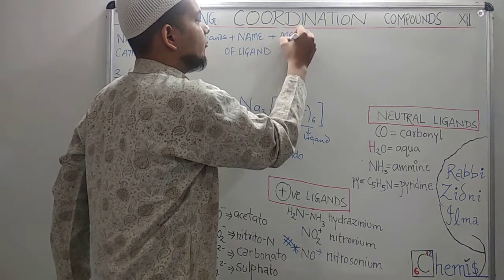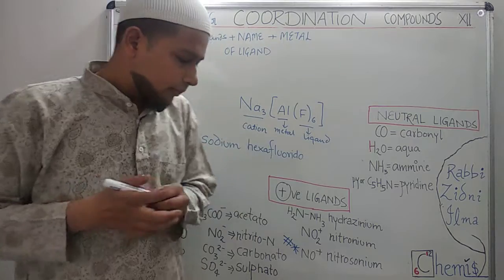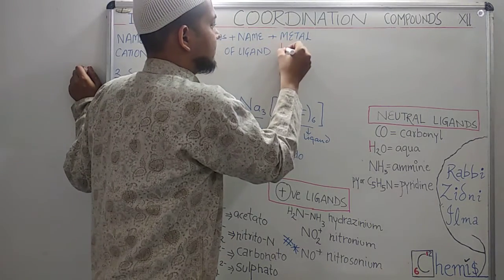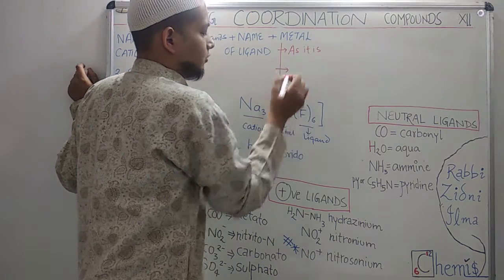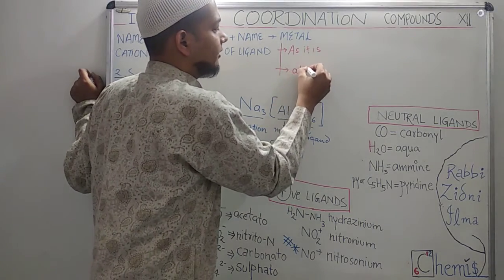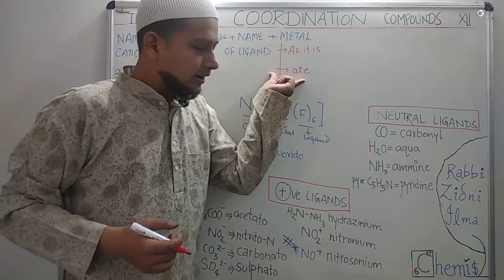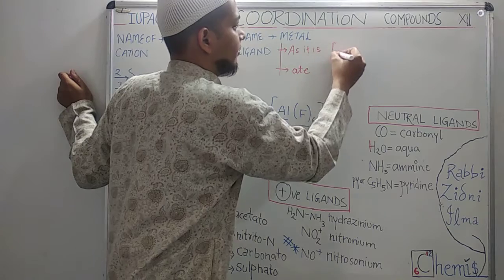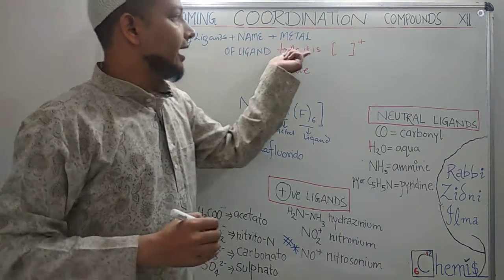But for naming of the metal we have to take certain precautions. What precautions? First of all, the name of the metal can be written in 2 ways. It can be written as it is. You can write this down as aluminium, or you can add the suffix ate to the name. You can write aluminate. So when to write aluminate, when to write aluminium. Now look very closely. If the coordination sphere is positively charged, then you will write down the name as it is.